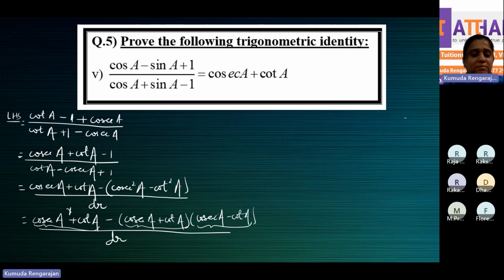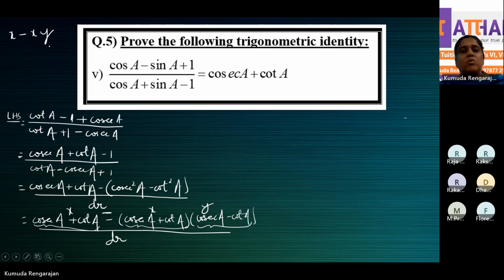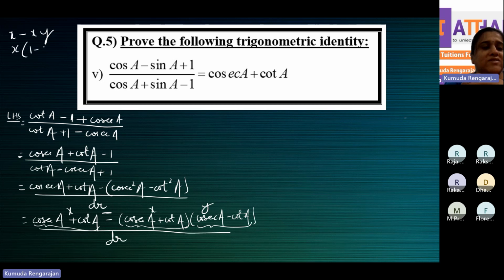So this is like x minus x into y. The numerator is like x minus x into y. What is x? Cosecant A plus cot A. And y is cosecant A minus cot A. So how will you take out x common, and then 1 minus y, right?